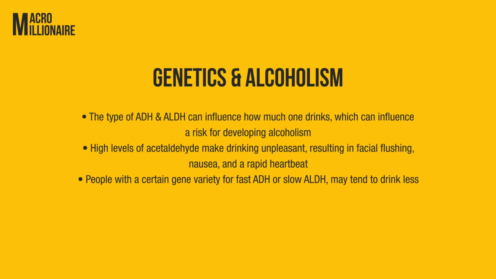People who carry gene varieties for fast ADH and slow ALDH, which delay the processing of acetaldehyde in the body, may tend to drink less and are thus somewhat more protected from alcoholism. They're just not getting the positive, quote unquote, feel-good effects of the alcohol. They're getting more of a nauseous effect because of these enzymes.